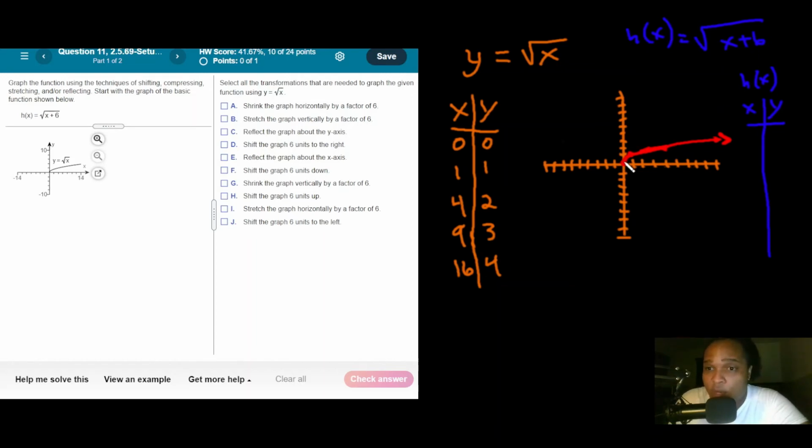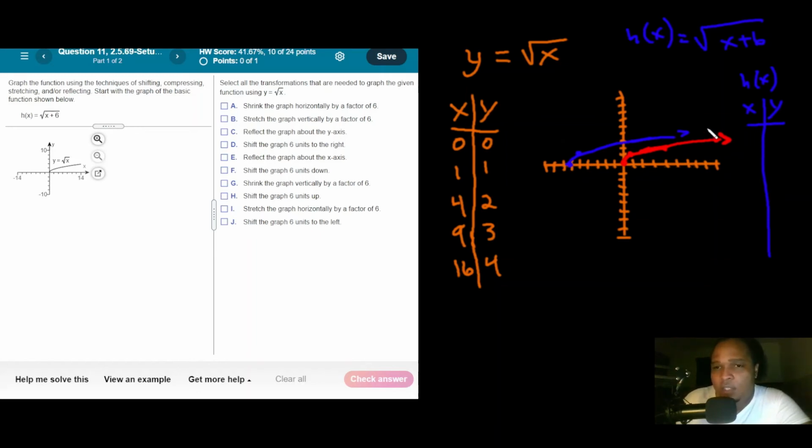So from 0, 0, just go 1, 2, 3, 4, 5. Hold on, I lost count. 1, 2, 3, 4, 5, 6. From here, 1, 2, 3, 4, 5, 6. From here, 1, 2, 3, 4, 5, 6. So look, it's going to be another shooting star doing something like that. You can see this is just a rough sketch. I didn't even make the table for that.